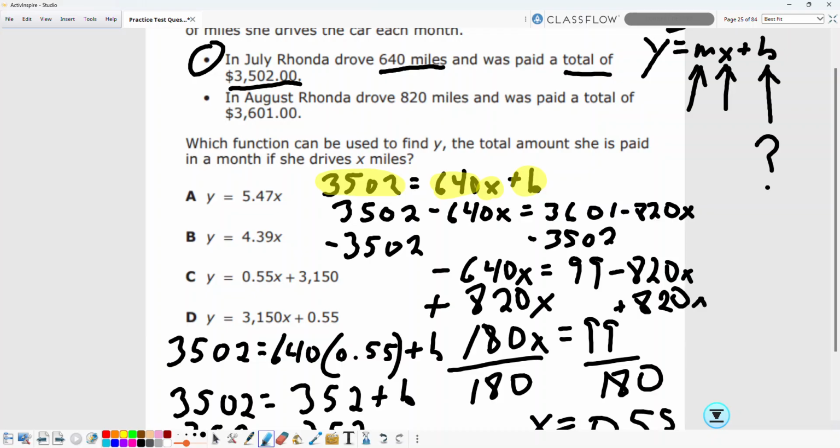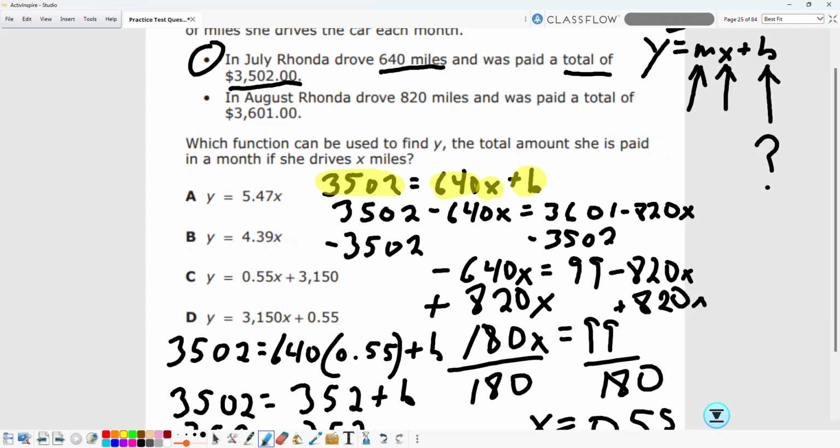That's why we have it represented with a B. In the linear equation, the B is always the starting amount. So whether Rhonda drives 1 mile or 1,000 miles, it doesn't matter. She's going to have an amount in her salary no matter how much she drives. She then gets extra for driving the miles.